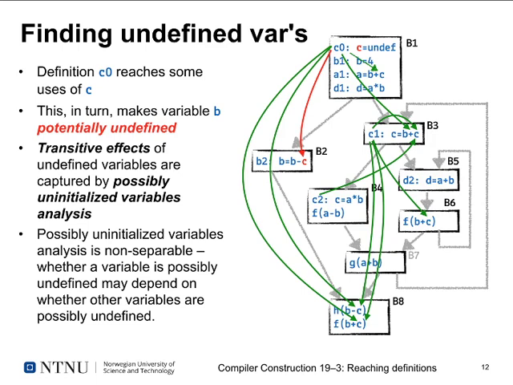So we can figure out whether there is at least one path that reaches a current program point where the variable that is used in the basic block we're considering right now is not initialized at all. This possibly uninitialized variables analysis is important because, again, it helps us to identify possible security problems in our code.